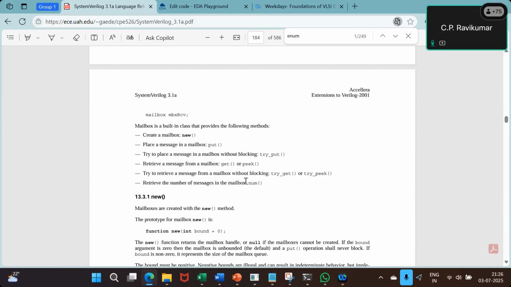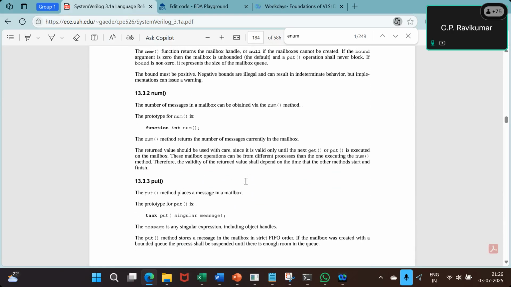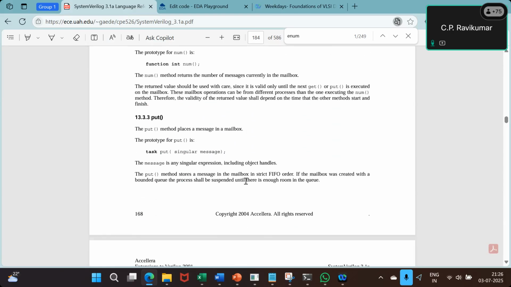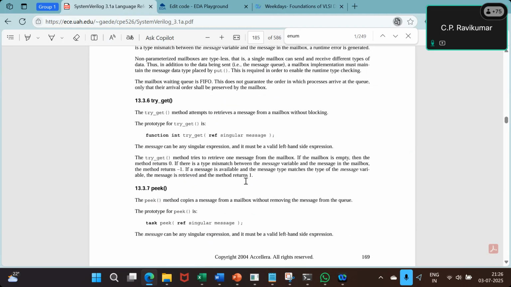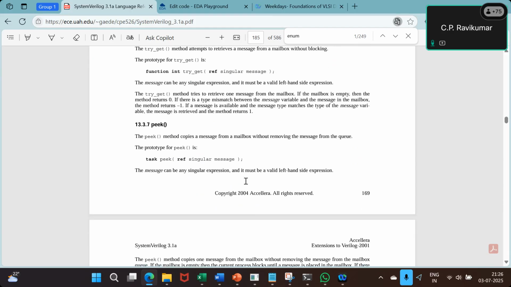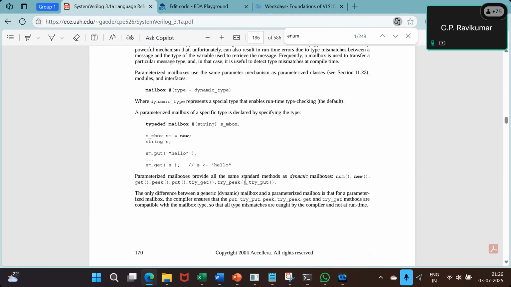Okay, so we can give that also a try. Okay, so I will encourage you to look at the syntax here and try to do the same exercise with a mailbox. Okay, so that would be very useful. Okay, in the same way, semaphore. So there are at least 3 ways in which you can try to do the same thing.